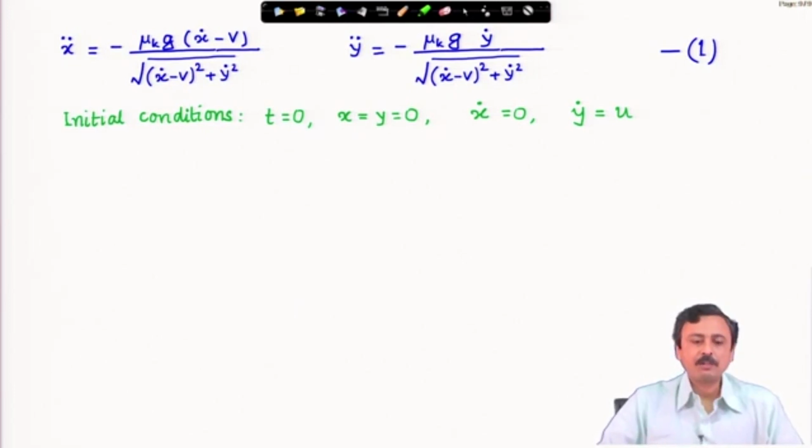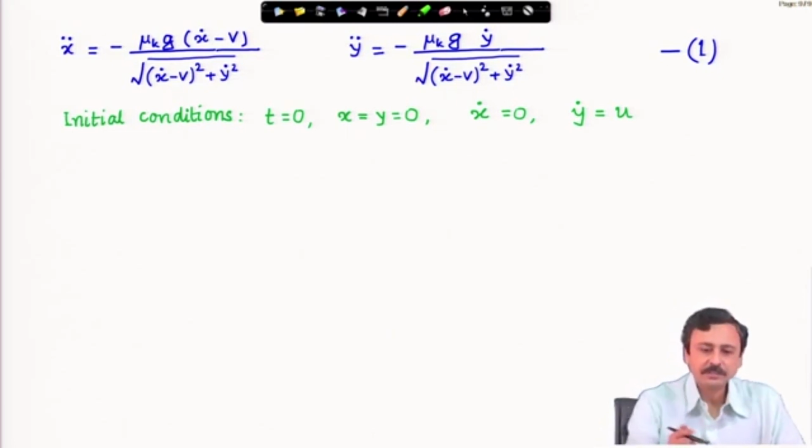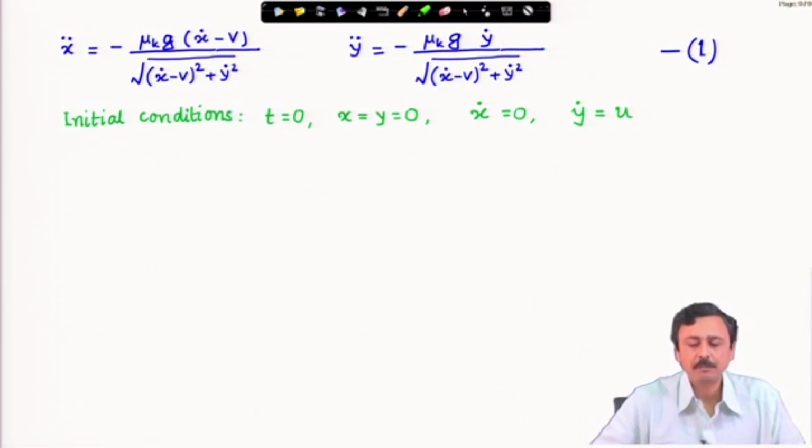Now, I should be able to solve, but you see these equations look formidable. X double dot involves x dot, it involves y dot, in a very complicated manner.